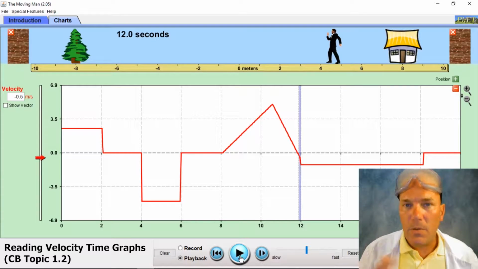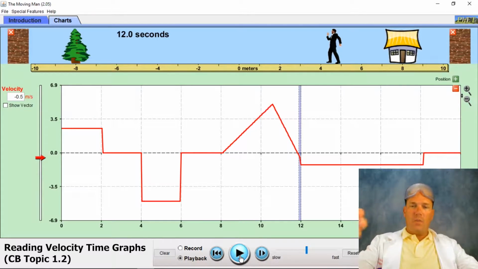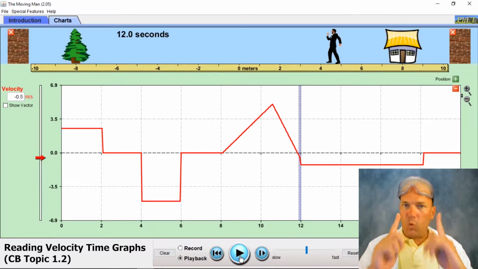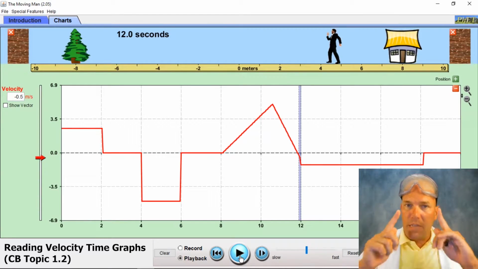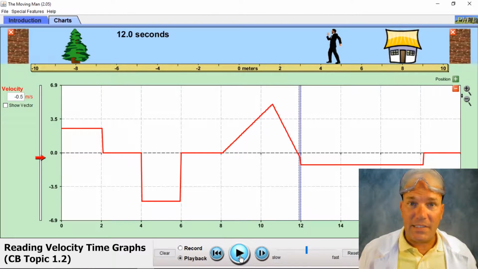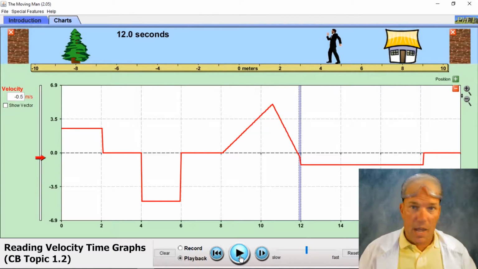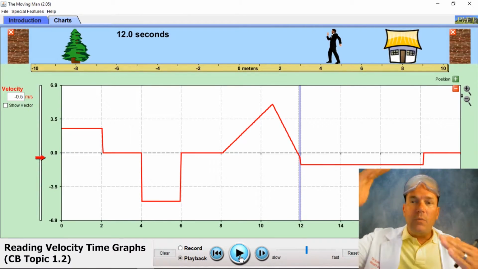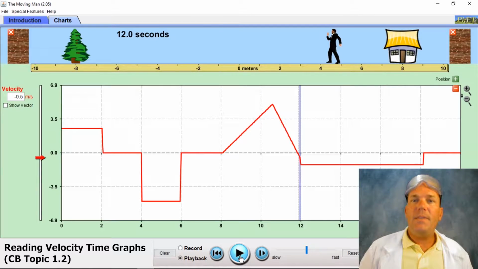Now we're going to drop beneath the horizontal axis, which means if we cross that axis, the object has stopped. If we're along the axis, the object is not moving. In this case here, it's just for an instant. We drop beneath the axis.